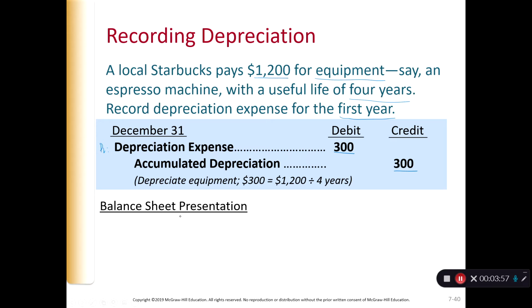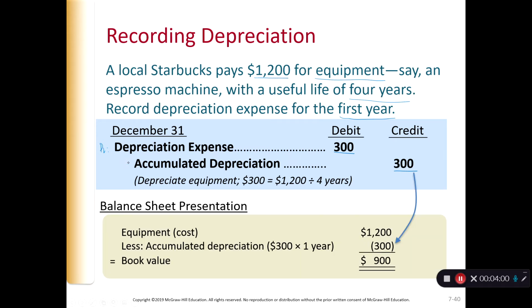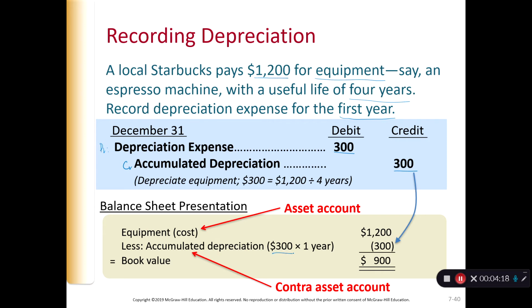So how does this transaction show on our balance sheet? First of all, we have equipment cost of $1,200. That doesn't change. Then we set up, remember, the accumulated depreciation of $300 for the first year, shown in brackets, as a minus under this account. The book value, the net value of the equipment, now becomes $900.